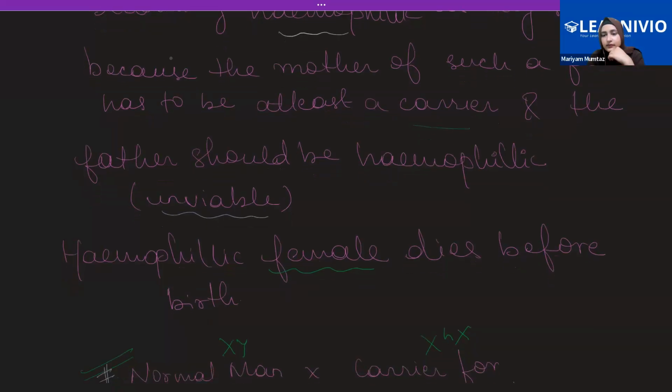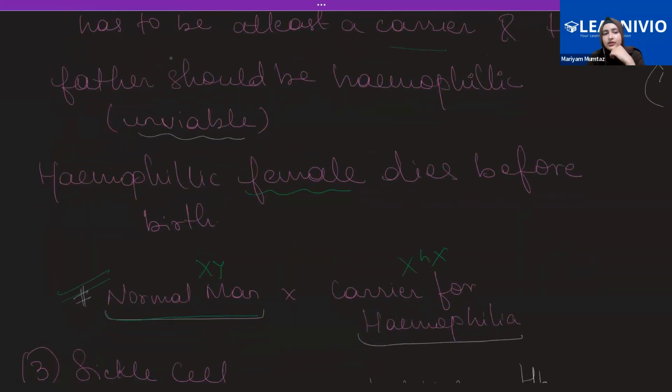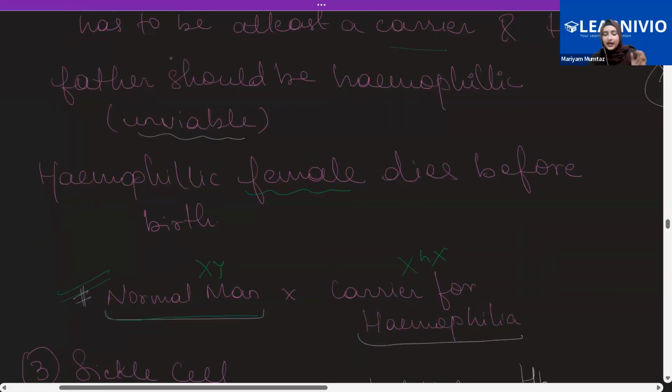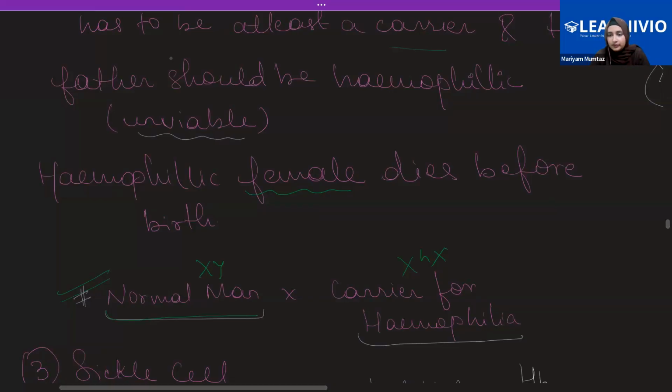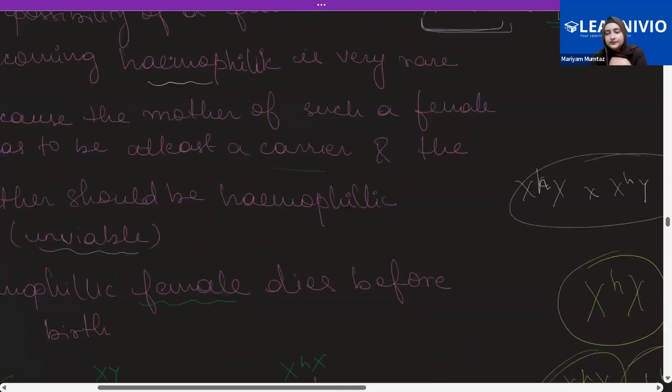Also, in this case, mostly the hemophilic female would die much before even being born because of this problem. So these are all the reasons why a female being hemophilic and being alive is very difficult.